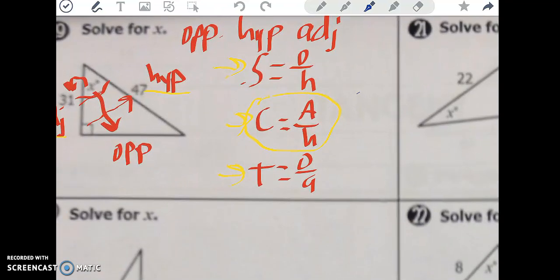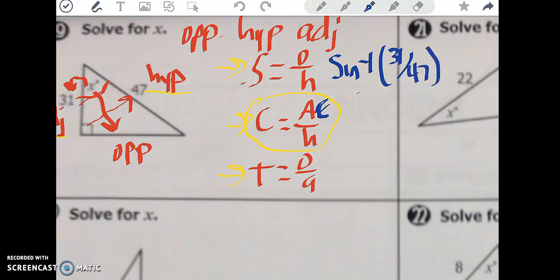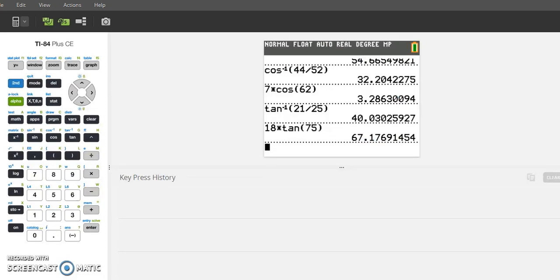So we use the inverse on your calculator, and then we're going to type in the adjacent, which in this particular one is 31, divided by your hypotenuse, which is 47. So we're going to type that into the calculator. So we have inverse cosine.